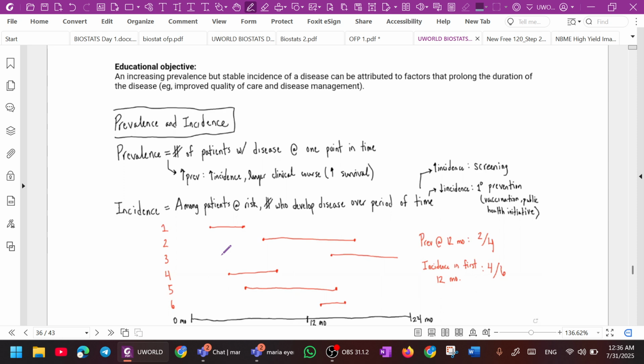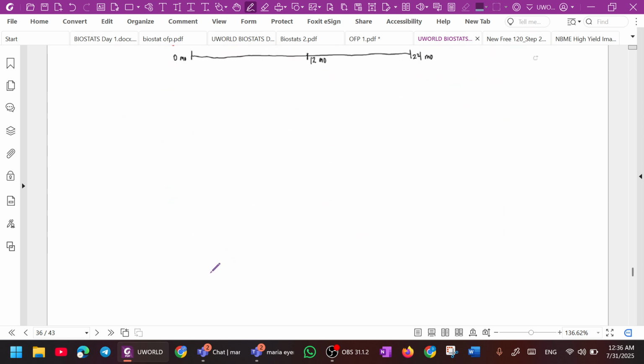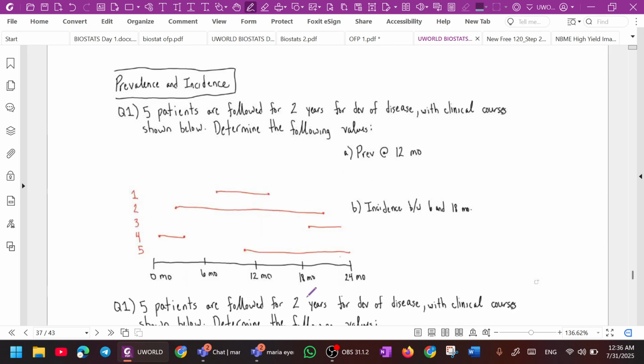Nobody has the disease, and at the end of the period, how many people have it? One, two, three, four. Four have it. Does it make a little bit of sense? Yes. Okay, perfect. So if it makes sense, give me the prevalence and incidence here.